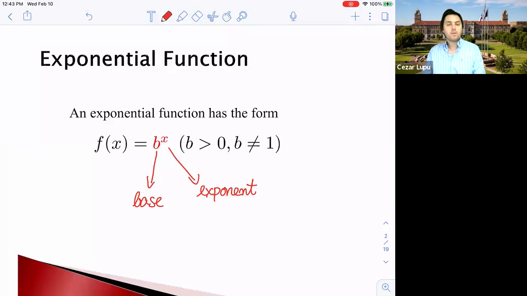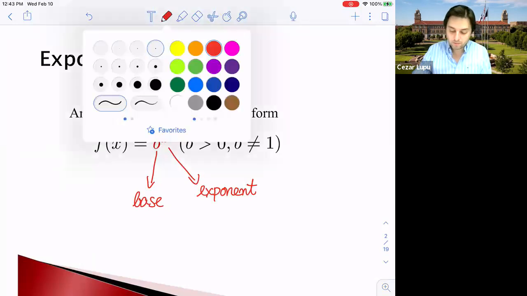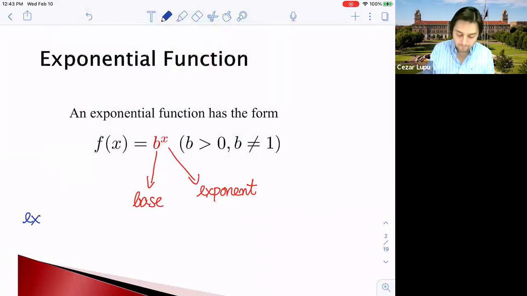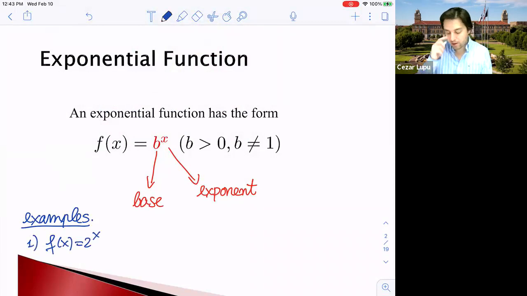Right? And there are plenty of examples here. For example, let's just take f of x to be 2 to the power x, right? So in this case, b equals 2. So this is what we call an exponential function. Or another example, if you want, f of x will be e to the power x.